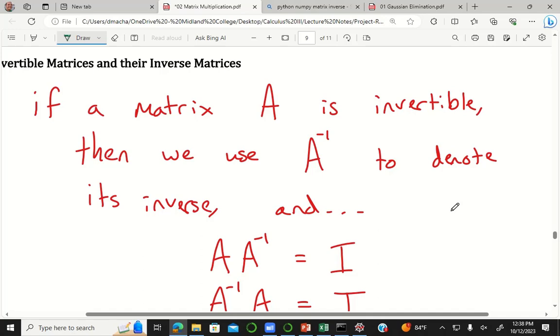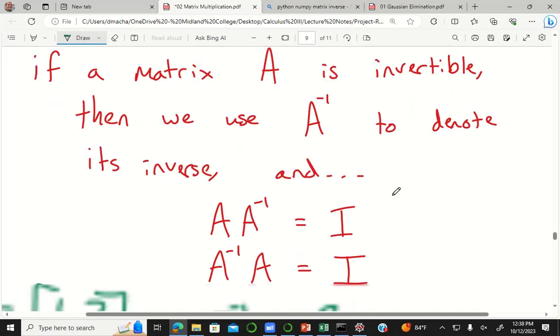But this first statement is really important. If a matrix is invertible. Sometimes you can have a square matrix that does not have an inverse, okay? First of all, only square matrices are invertible. If it's rectangular in any shape, it doesn't have an inverse. But even square matrices are not invertible sometimes. And so, let me show you what I mean.